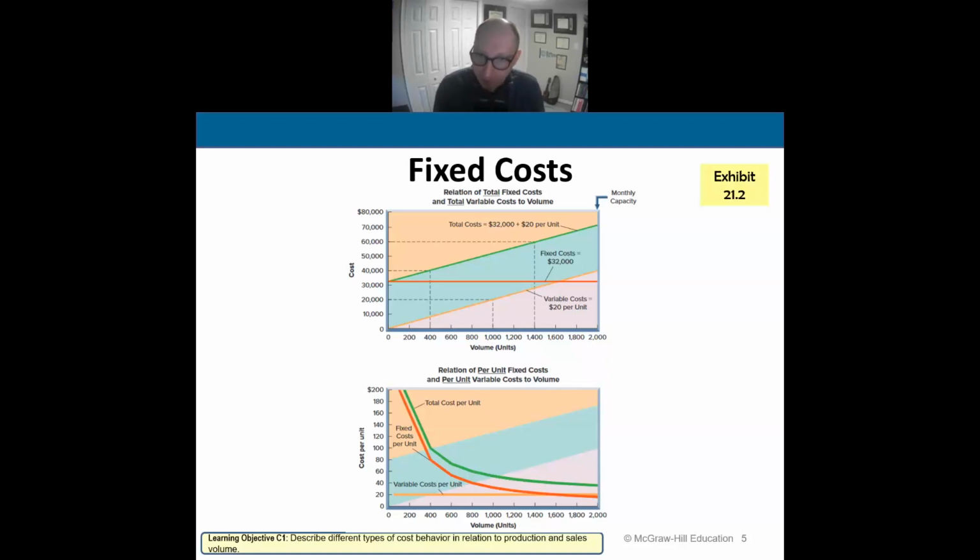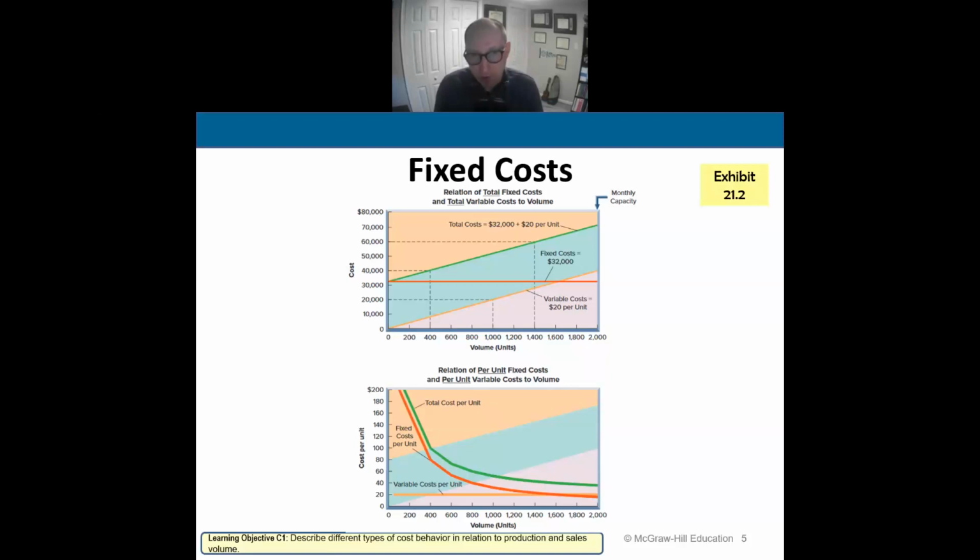They're fixed. Examples would be supervisor's salary, rent, and depreciation. These do not change, regardless of the level of output. Fixed cost stays the same.